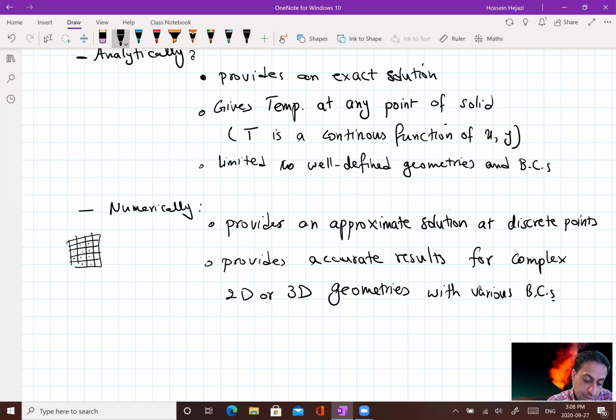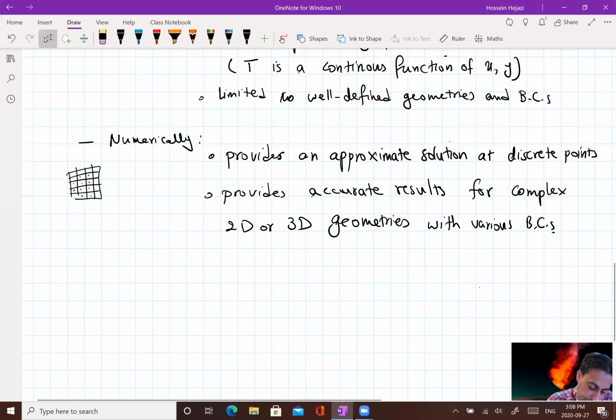So unlike the analytical solutions that are very limited to well-defined geometries and specific boundary conditions, with numerical methods we can solve almost any geometry and any type of boundary conditions. So that's the advantage of numerical solution of this Laplace equation.